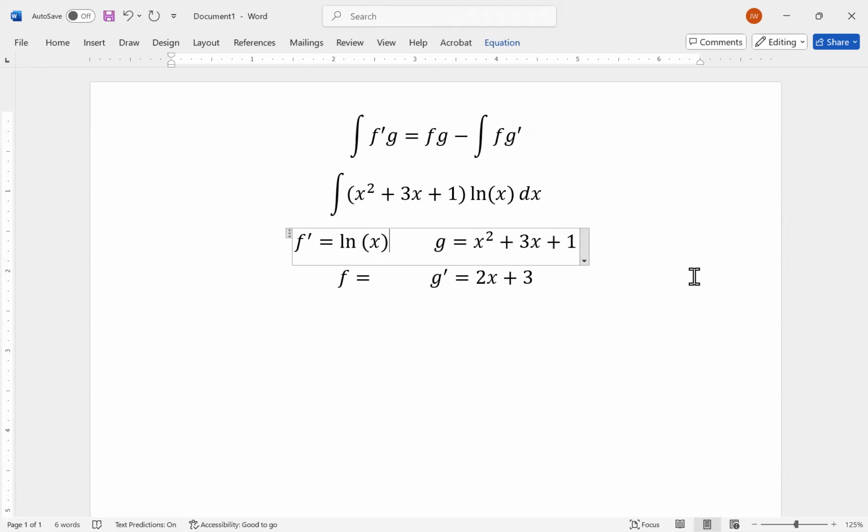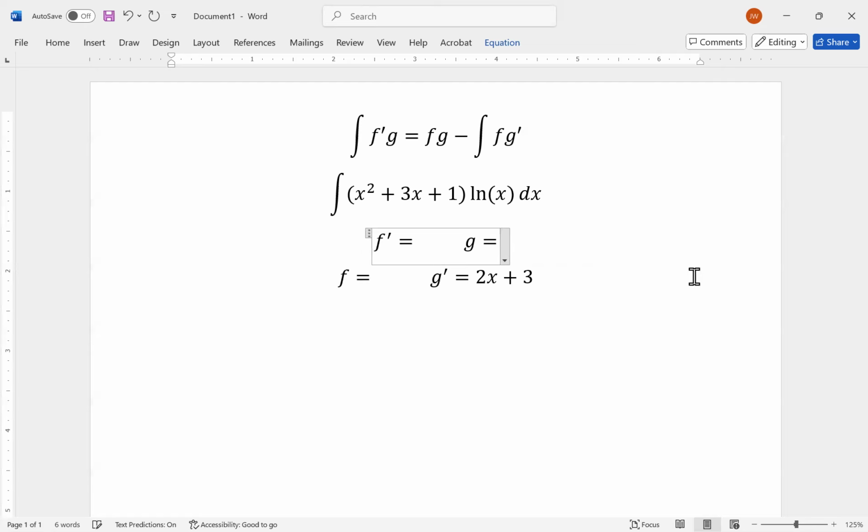Now, the trouble with that is right now, we do not know what the antiderivative of the natural log of x is. We know a derivative for natural log of x. The derivative of natural log of x is 1 over x. But the antiderivative of natural log of x, we haven't covered yet. So that forces me to do the reverse thing.